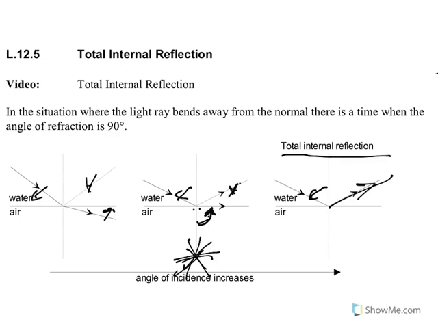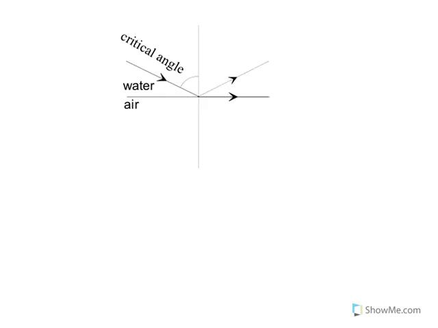Total meaning all the light inside the substance, the water, is being reflected. So at this critical point, we've got the changeover from a refraction situation to a reflection situation. Hopefully I wasn't too vague on all of that.